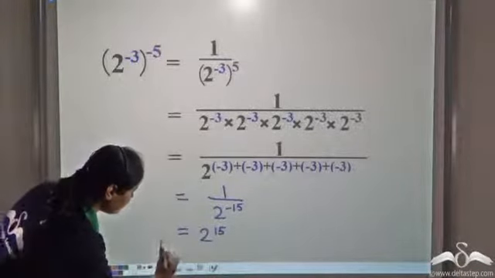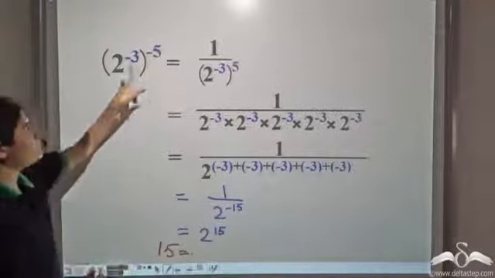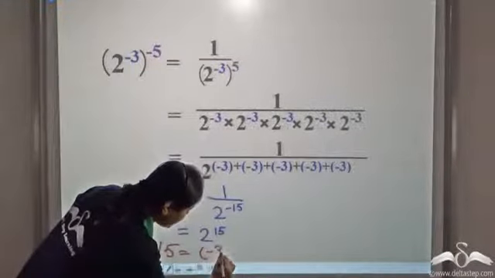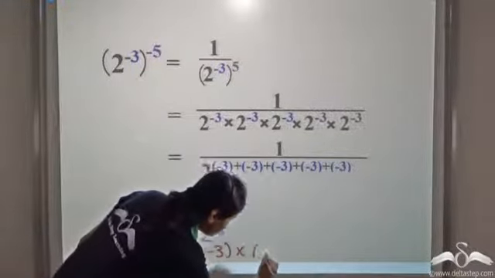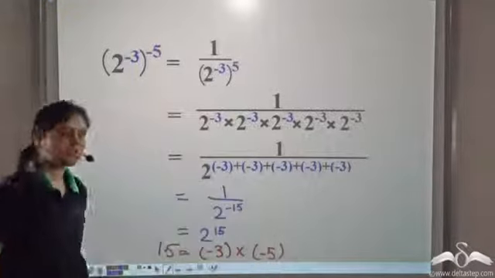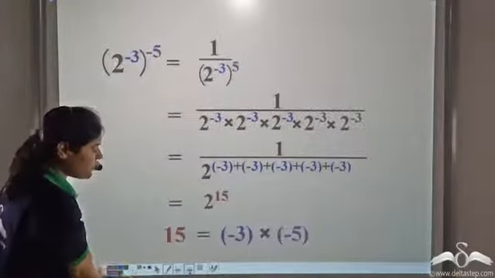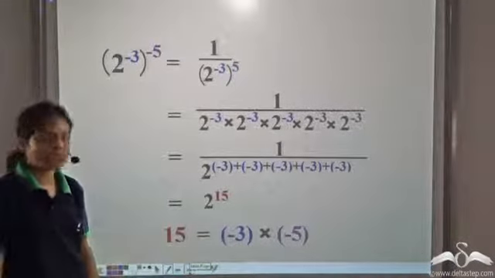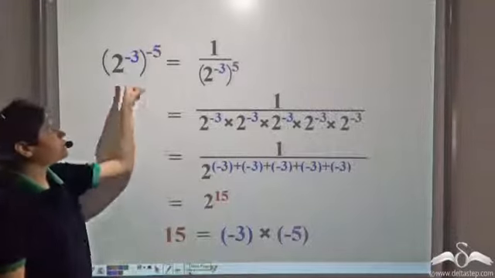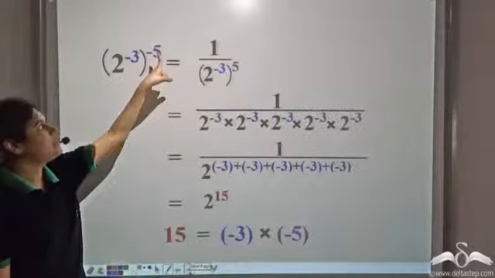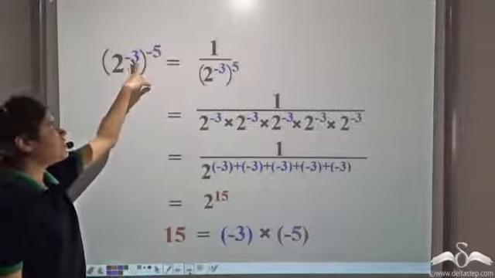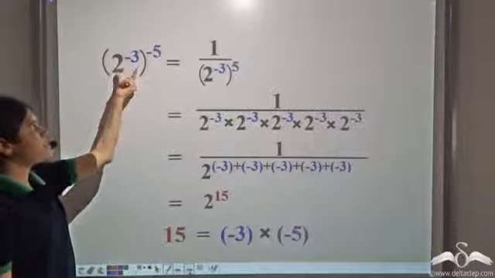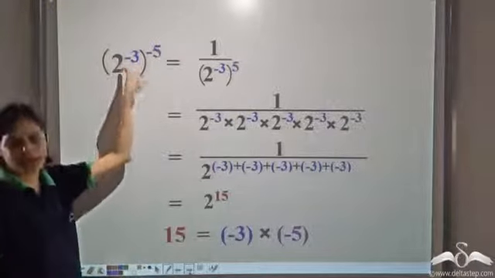Now observe that 15 is equal to negative 3 into negative 5. So this is negative 3 into negative 5. So this is what we have here. 15 is negative 3 into negative 5. So we can say that if an exponential number is raised to a power, then the two powers are multiplied and the base is the same as that of the original exponential number.